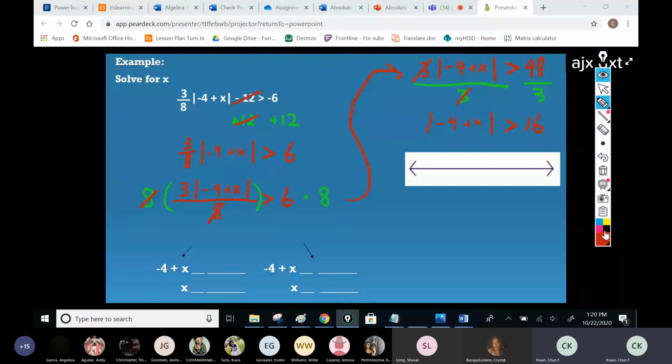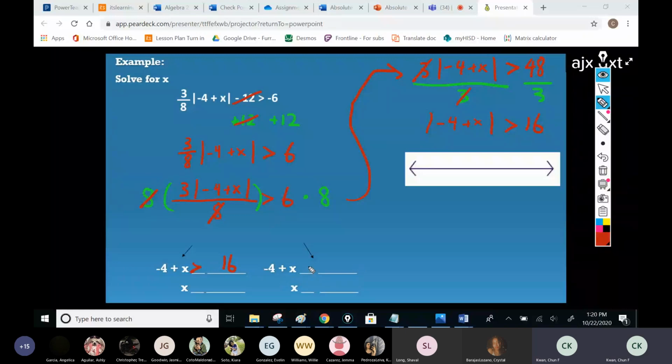All right, now that we've cleared everything, we don't have anything in front being multiplied, and we don't have anything in the back being added or subtracted. Now we can go ahead and set this up. You have the positive version of the answer, so that means you have greater than 16.